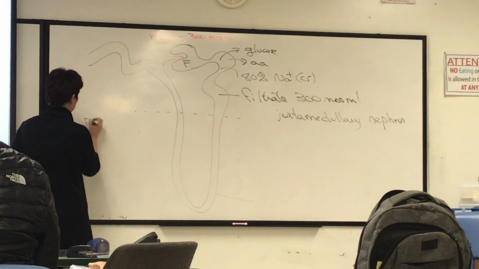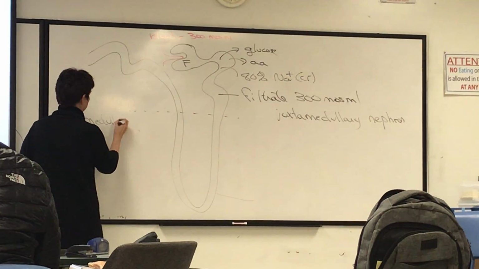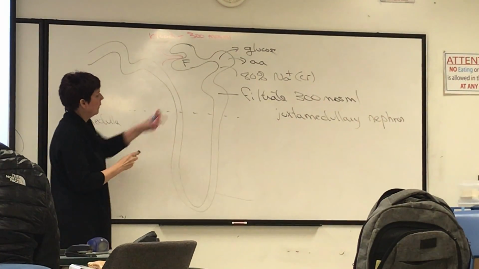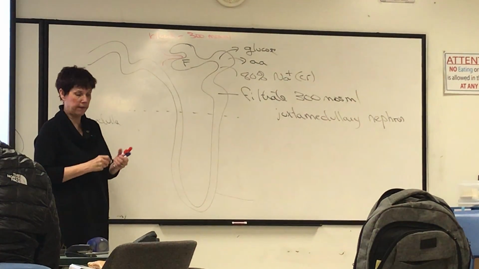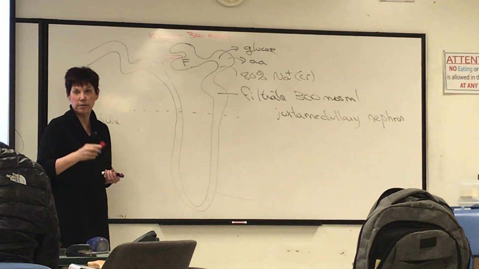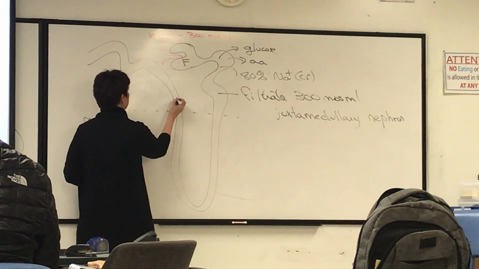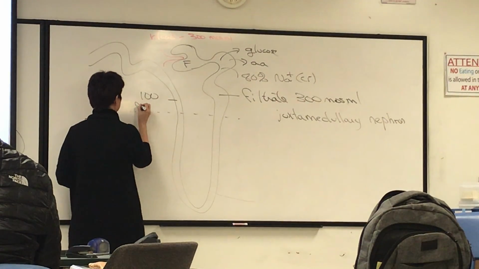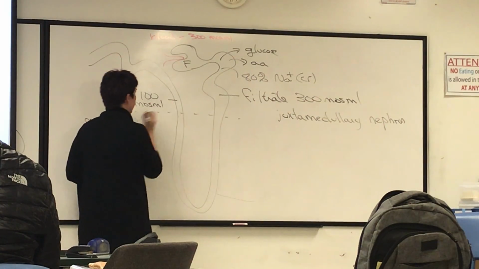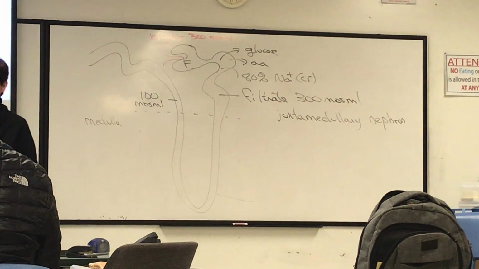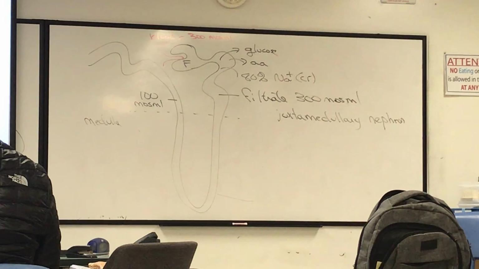So we're going to have the medulla here. So when the filtrate enters the descending limb of the nephron loop, it's 300 milliosmoles. When it leaves, it's 100 milliosmoles, which is dilute.